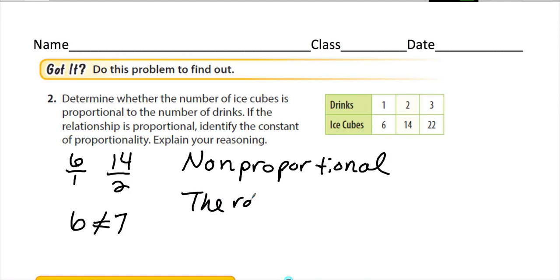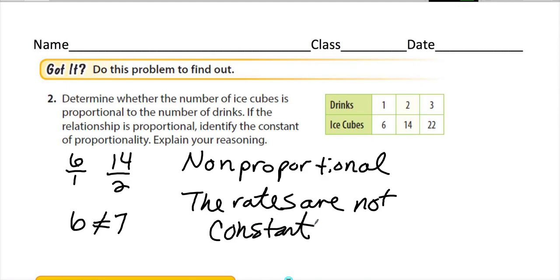The rates are not constant. So it's actually faster when they don't work. Okay, all right, let's move on to part 3.